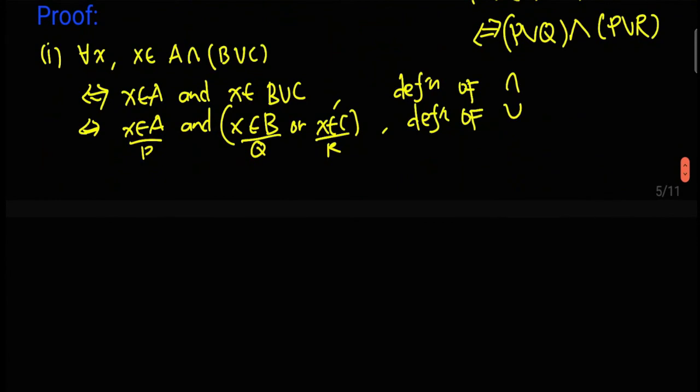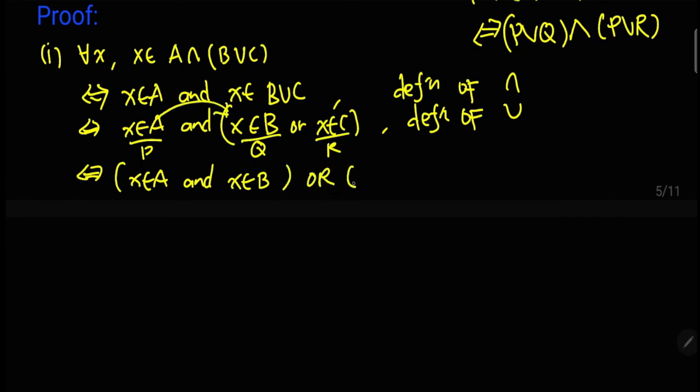This is actually the same as x is in A and x is in B. So we're distributing this statement, or the other statement is x is in A and x is in C. Again, that's from the distributive law of logic.